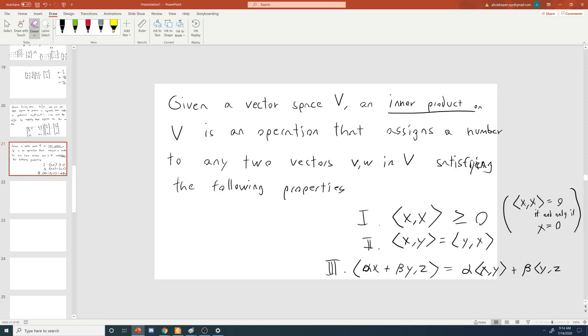I'm sorry, I botched this slightly. This right here should be z. So these are the three properties describing an inner product.